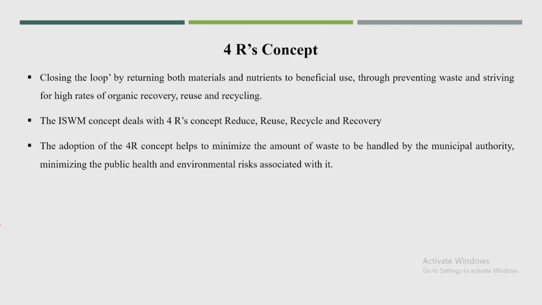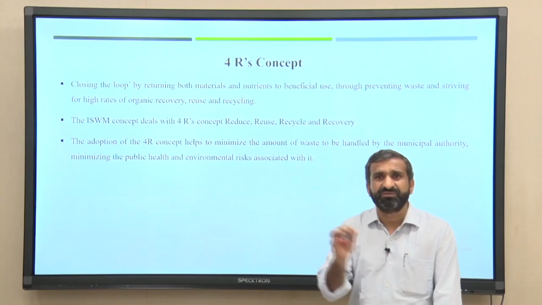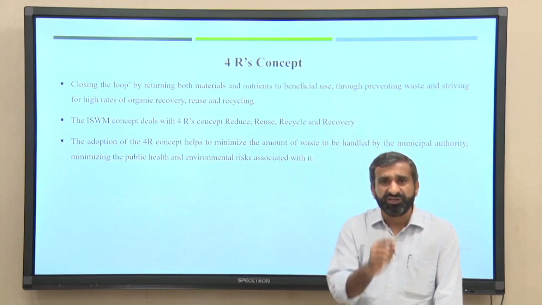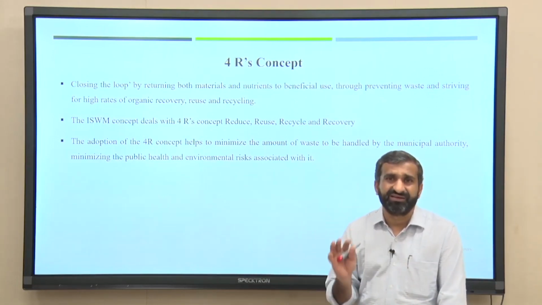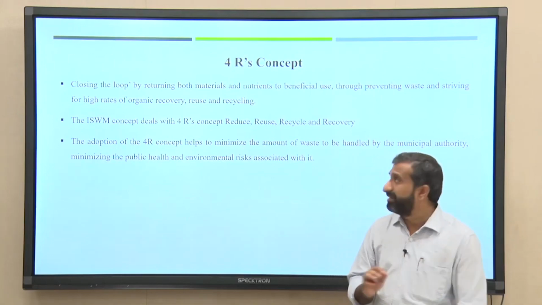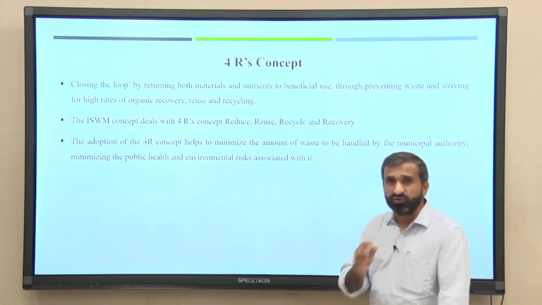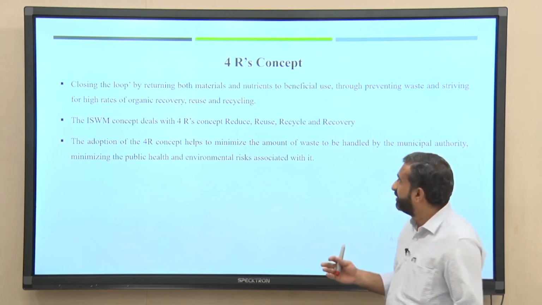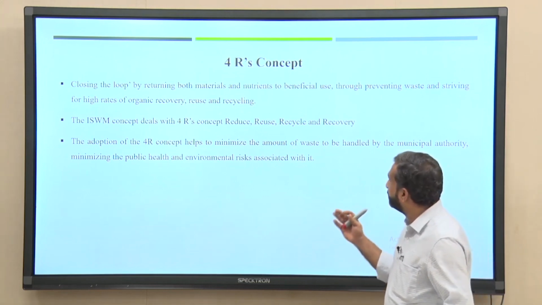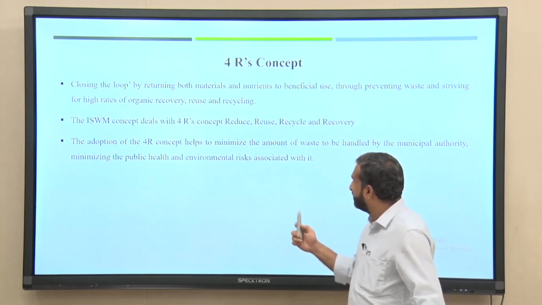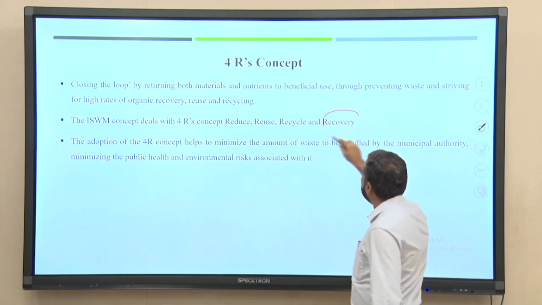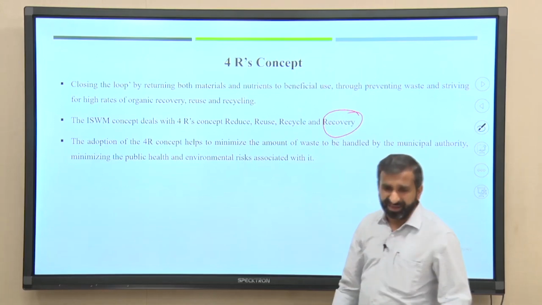The 4 R's mean the first is reduce as much as possible, reuse as much as possible, and recycle. And now the 4th R is special: this loop gets closed by returning material or nutrient to beneficial use. This R, I think in many textbooks you will find, is written as recovery.